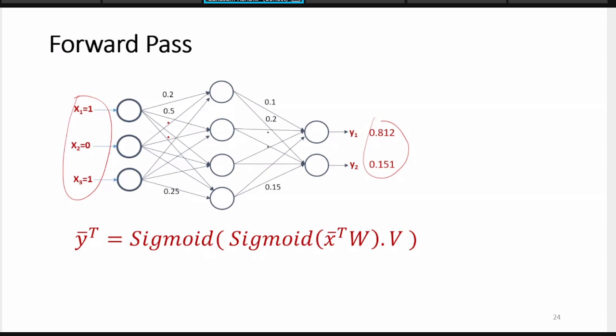If you are getting the expected output, that means these parameters are correct. If you are not getting the expected outputs, that means these parameters are wrong, and then you have to recorrect these parameters.